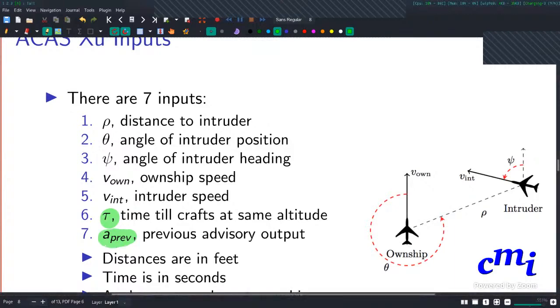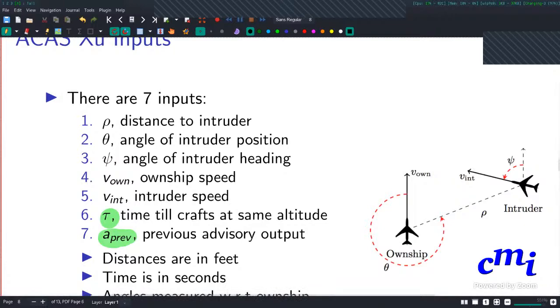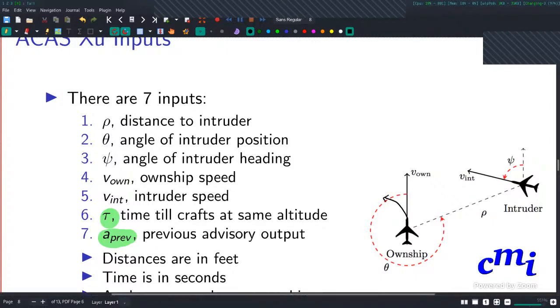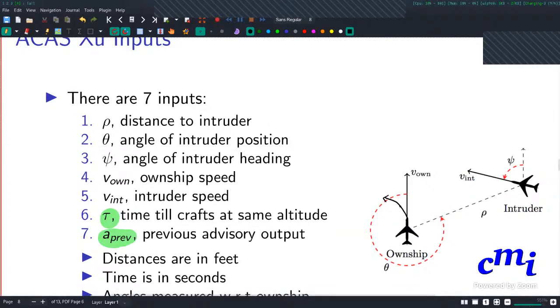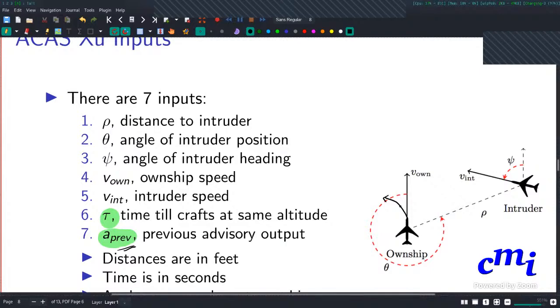So let's say you have a situation where the 2 aircraft are approaching, and in the first time instance, the DNN, ACAS, asks you to turn towards the left. In the next instance, it's also going to get this turn towards left as an input from the previous situation.